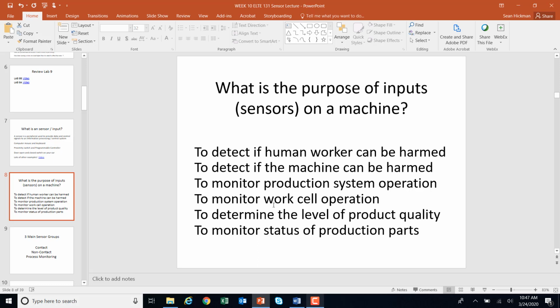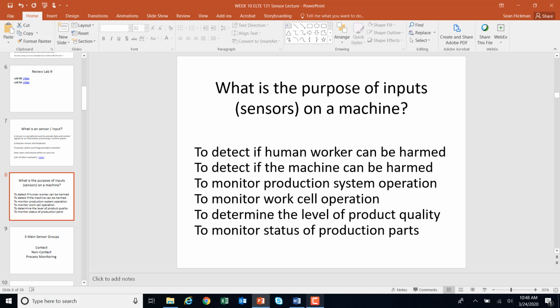An individual work cell might be like a welding station. A welding station might have a limit switch on there, so that when you put a piece of metal down, you know that the metal is there before you weld. Otherwise, you're just going to end up welding up your operation. So the limit switch will verify that you're actually welding on the item that you're supposed to.